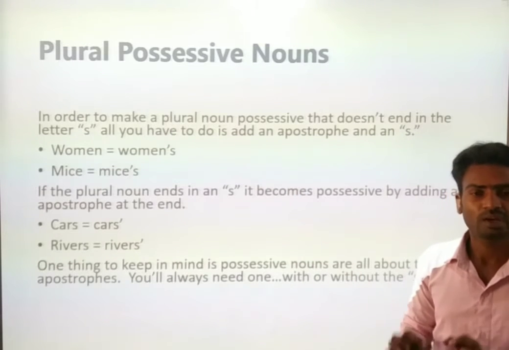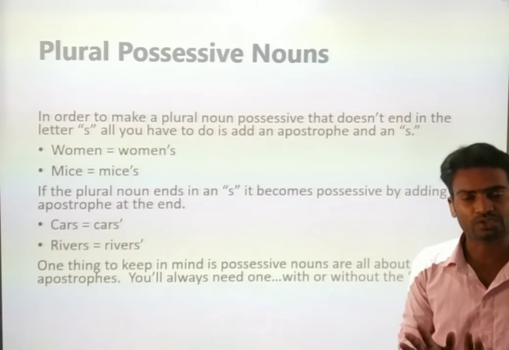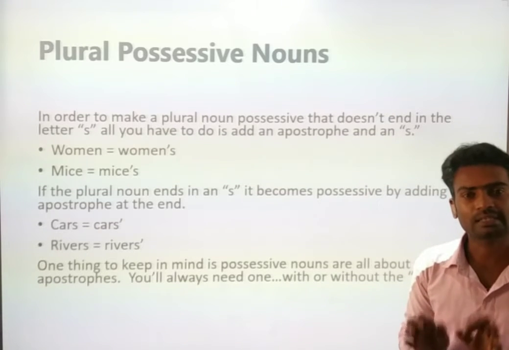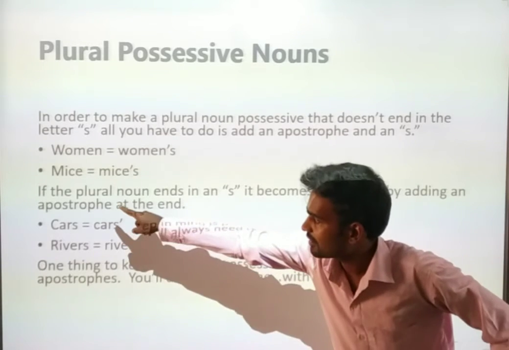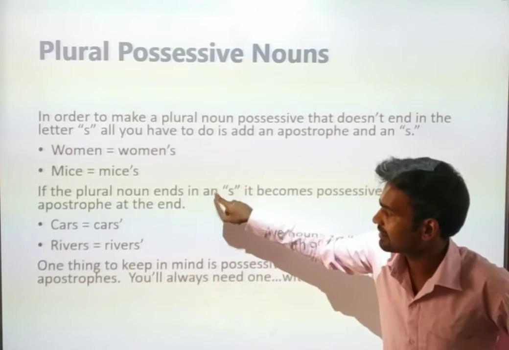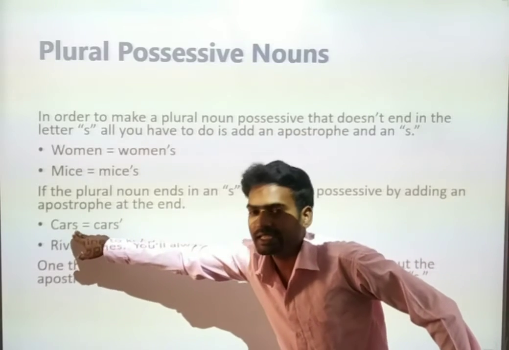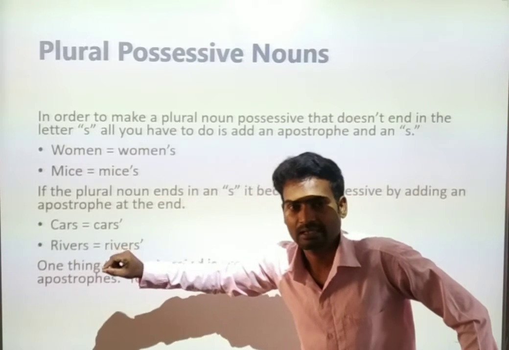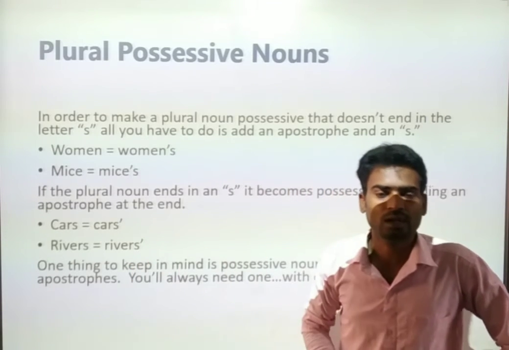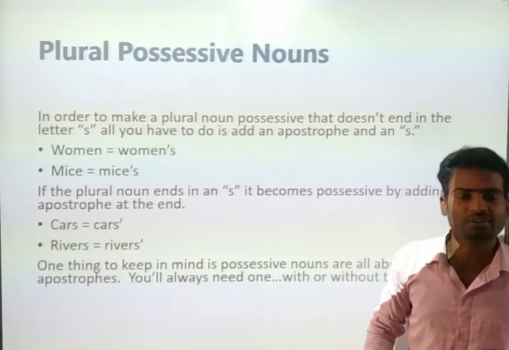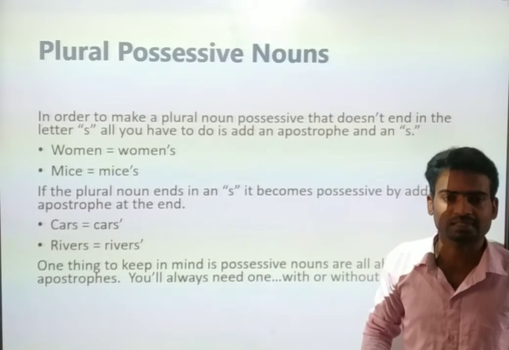So, in this lesson, we are learning where to use an apostrophe to make a possessive form. Here the plural noun already ends with s. Cars, right? Then where do we add the apostrophe to make it possessive?